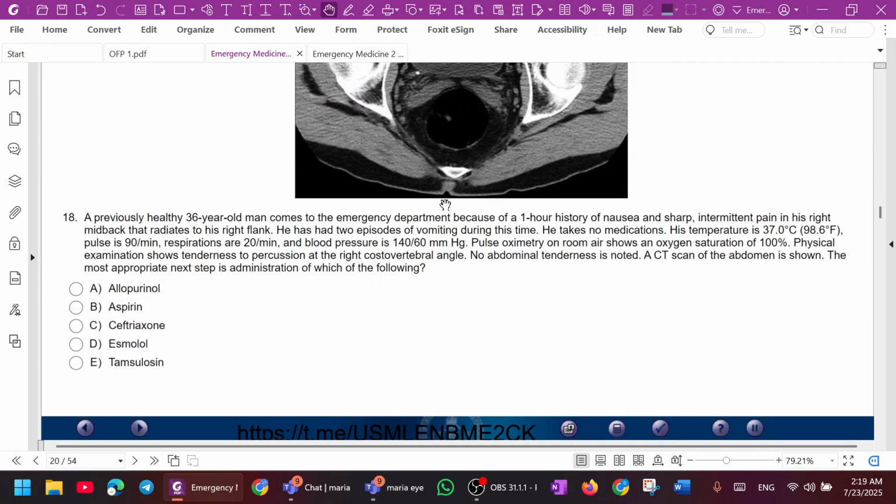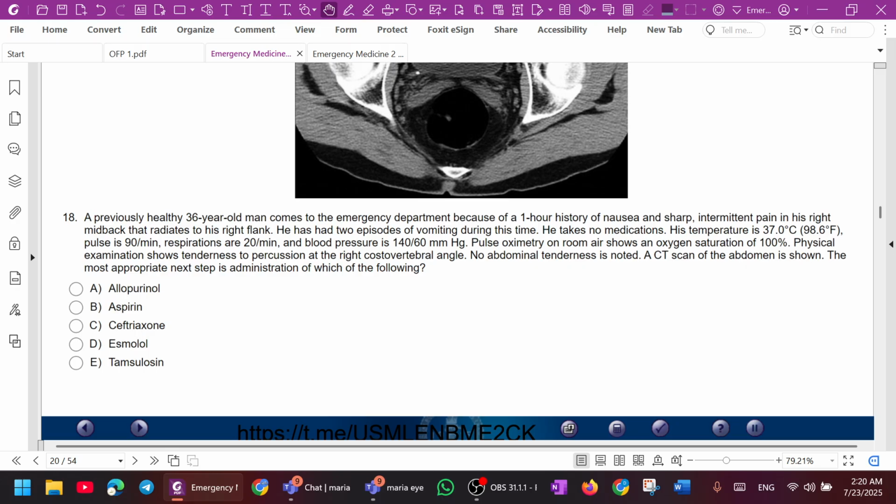A previously healthy 36-year-old man comes to the emergency department because of a 1 hour history of nausea and sharp intermittent pain in the right mid-back that radiates to the right flank. He has 2 episodes of vomiting during these hours. He takes no medication.